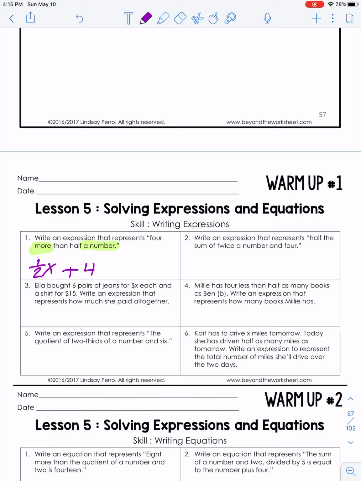Let's look at number 2. Let's see if we can pull out some important phrases. So it says write an expression that represents half the sum. So we see half and sum of twice a number and 4.